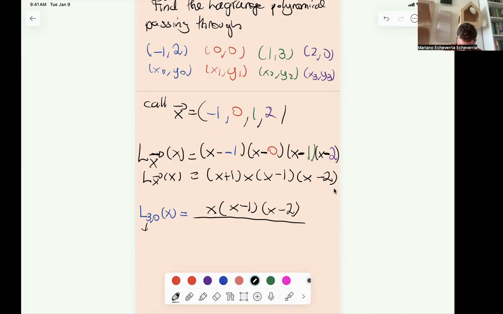This refers to the degree, and this refers to the point in question. So this is saying that you're going to find a degree 3 polynomial, and what you're removing is the x0 from the polynomial. Is that making sense?